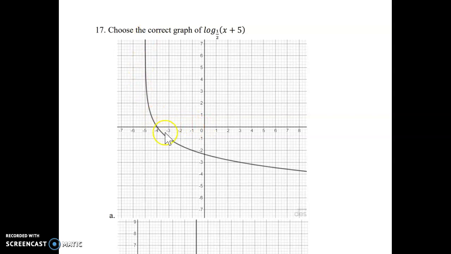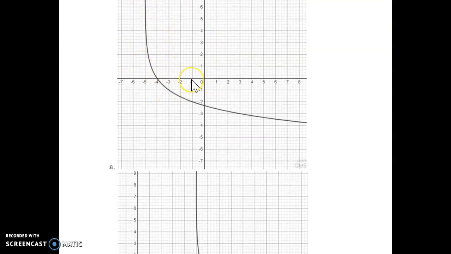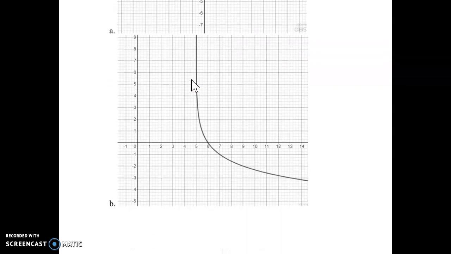This is also a decreasing function. We have a vertical asymptote at x equals -5. Our domain goes from -5 to infinity, and our range goes from -infinity to +infinity. So it looks like the first one is our correct graph here.